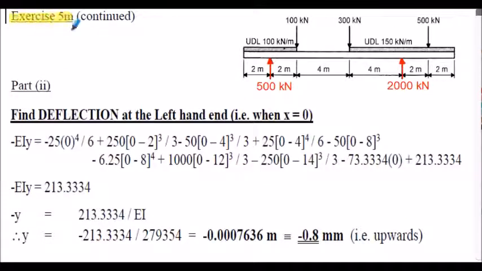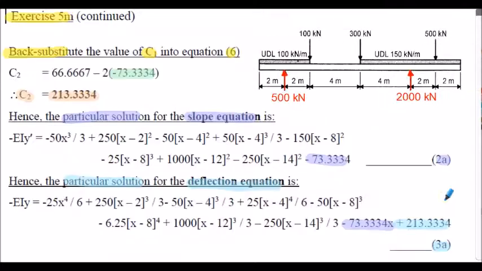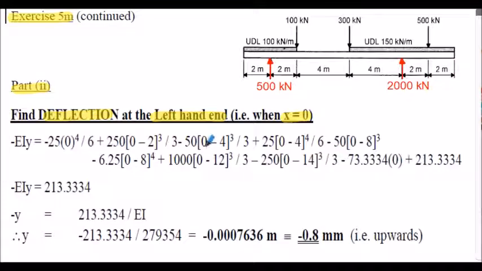Exercise 5m continued. This is part 2 now. We're going to find deflections at the left-hand end of the beam when x equals 0. So now we're using equation 3a from our previous slide. This equation here. And we put the value of x equals 0 into the equation 3a. And again, as always, we ignore terms where the value inside the square brackets becomes 0 or negative.